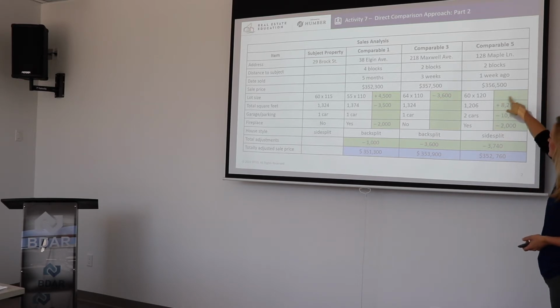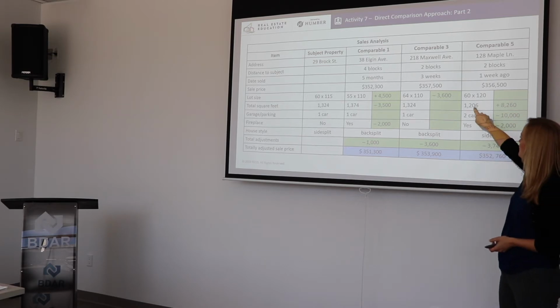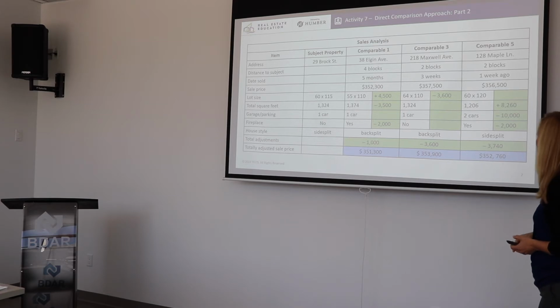And our last one, we'll just go through it. So if you look, the lot size, there was no change. We're only going by the frontage number. But the square feet, this one is actually quite inferior, so there's a large adjustment for the square feet. Then this one has a double car garage, so we minus 10,000. And it has a fireplace, so we minus 2,000.